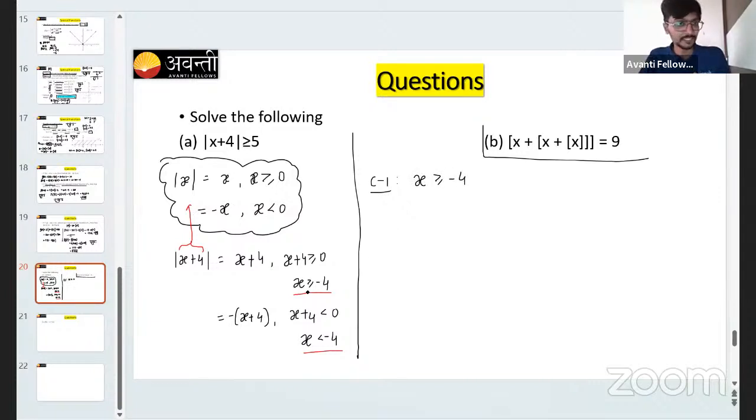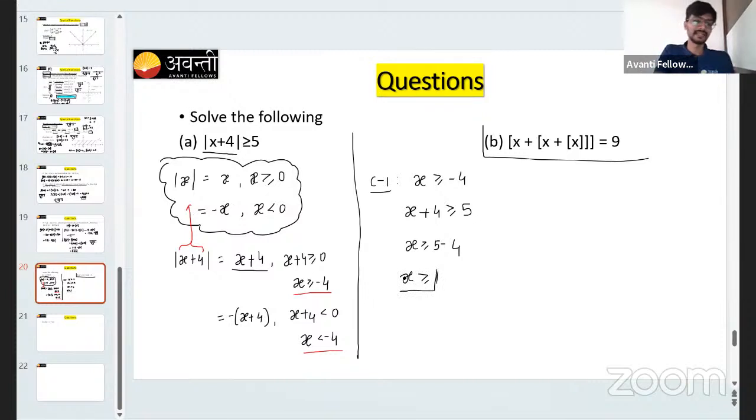If x is greater than or equals to minus 4, what is mod of x plus 4? It is x plus 4. So here I can write mod of x plus 4 as x plus 4 greater than or equals to 5. So I will subtract 4 both sides. So x is greater than equals to 5 minus 4, which means x is greater than equals to 1.